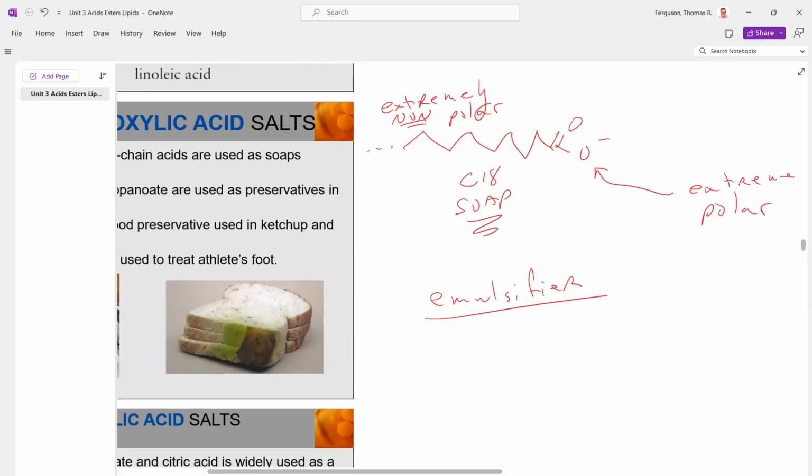Sometimes they're also called surfactants. Like they'll add a surfactant to paint so that it sticks to a lot of things.